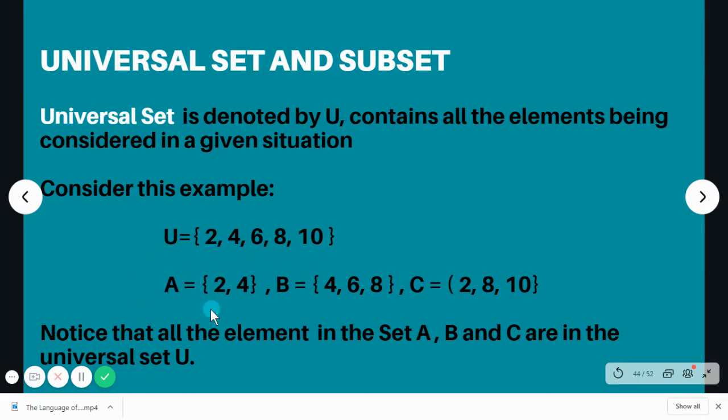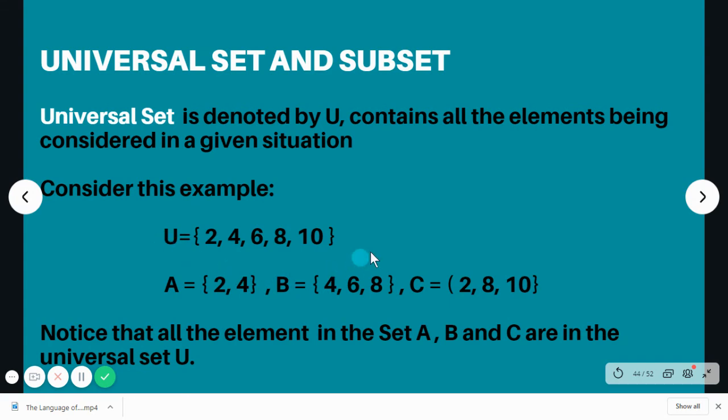Now, anong tawag natin dito sa set A, set B, and set C? Okay? Itong set A, set B, and set C are subsets of what? Of the universal set. Kapag sinabi nating subset, these are subgroups. Ibig sabihin, para lubos nating maintindihan, yung universal set, ito yung pangkalahatang grupo.